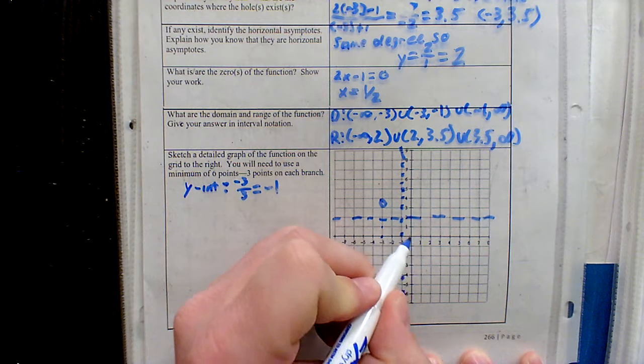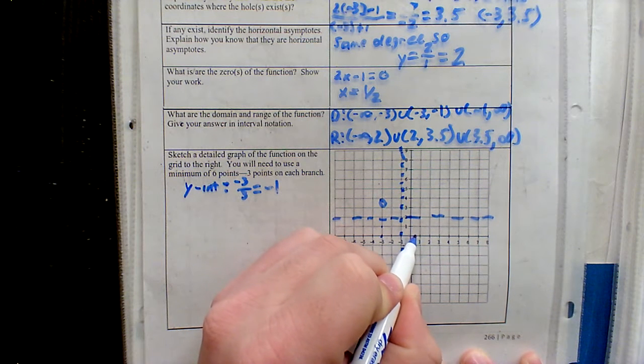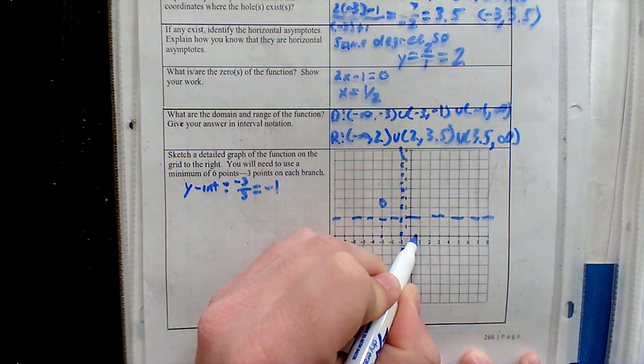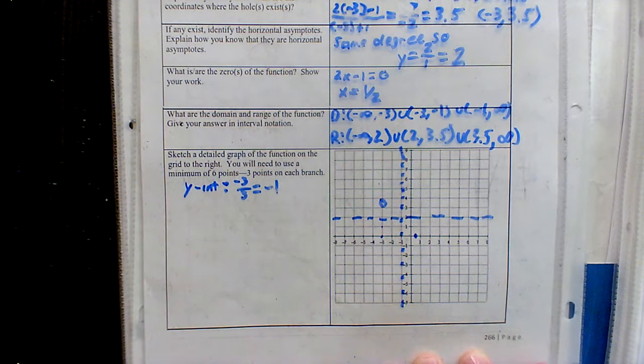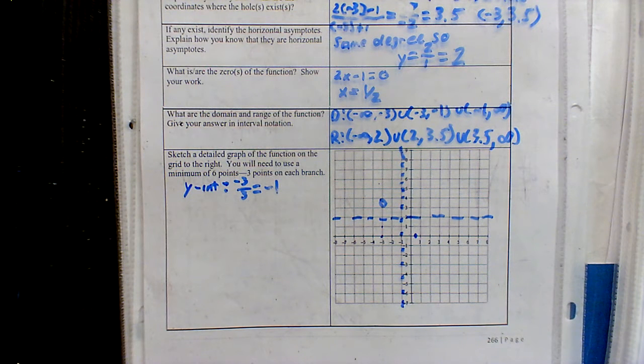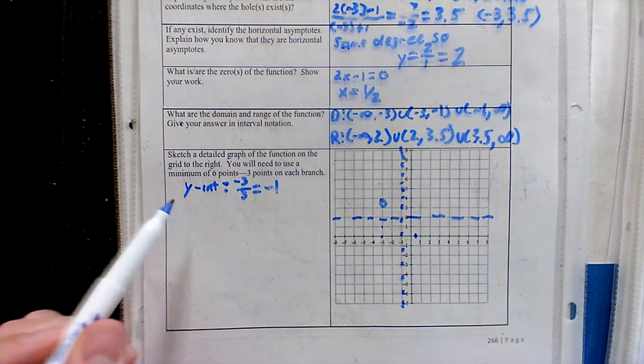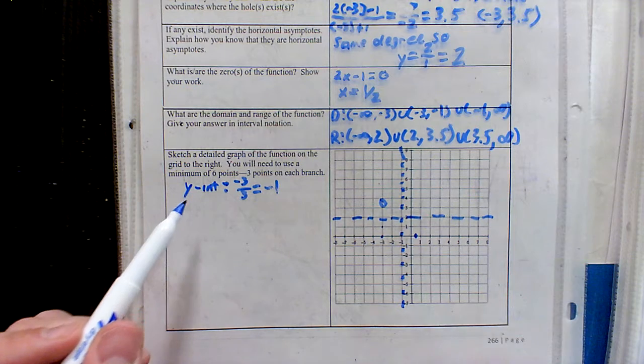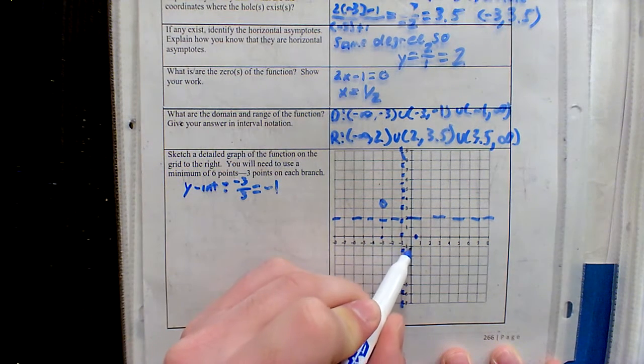So at x equals 1/2, there. Okay. Domain and range are there. We have the y-intercept. The y-intercept we just found is at -1.